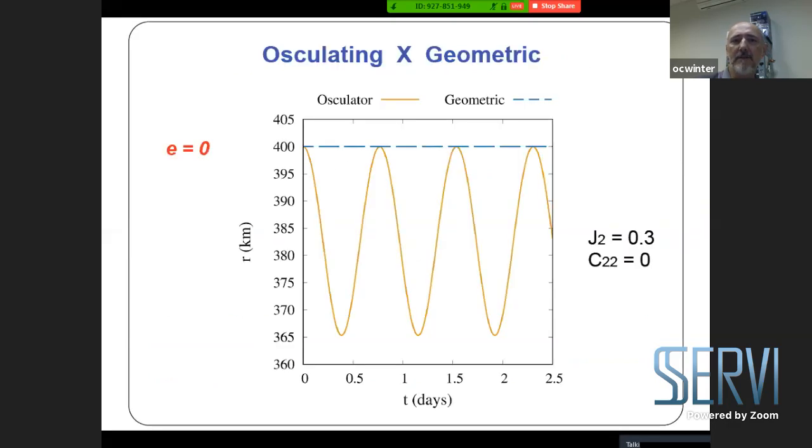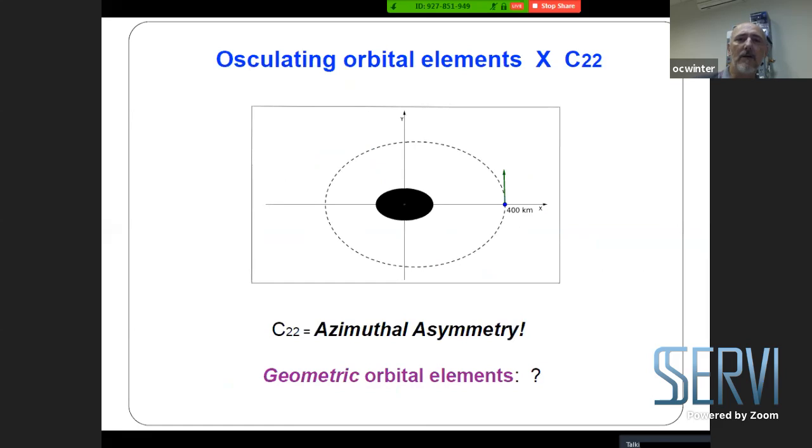So here we have the same example shown before. In yellow, we have the evolution considering the velocity from the two-body problem osculating orbital elements. But if you use the geometric elements, you get the blue dashed line that keeps the eccentricity very close to zero. So you get a circular orbit. In the next slide, we start discussing what happens with the ellipticity.